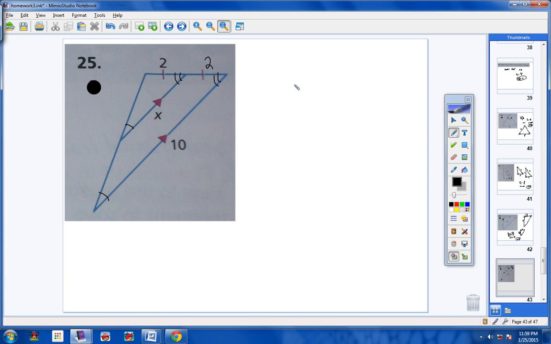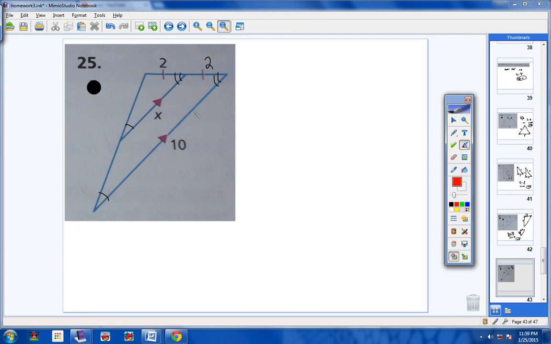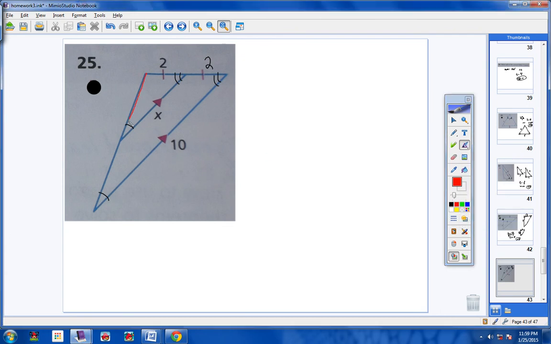So I have one triangle. I'm going to trace it here real quick. I have one triangle that looks like this. Then I have the other triangle that looks like this.